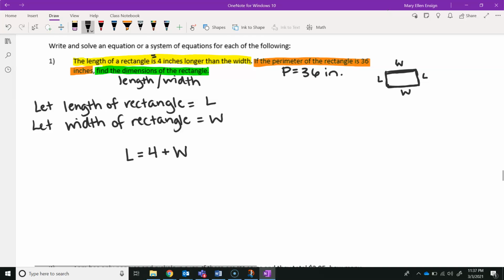So if I want to find the perimeter of a shape, I start at one spot and I go all the way around that shape, like I'm a little bug walking around it. So my perimeter here would be a width plus a length plus a width on the top plus a length down the side. So bottom, right side, top, left side.